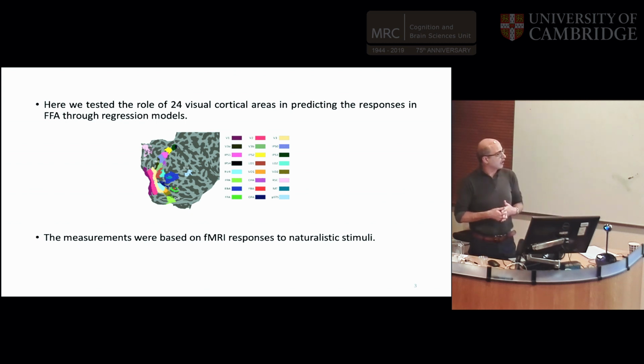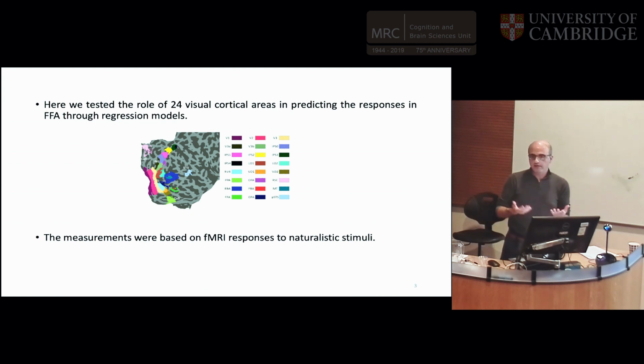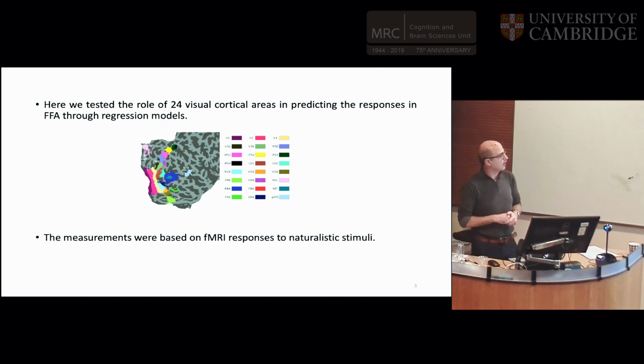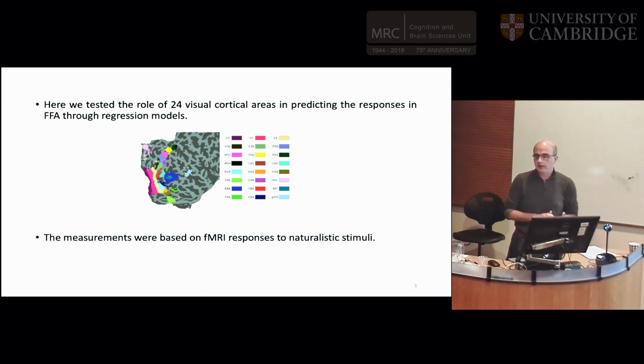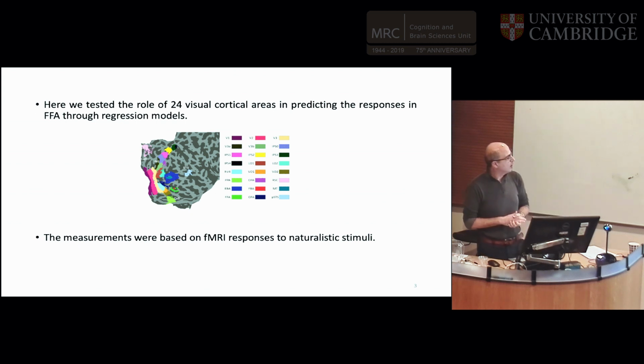Then we identified some of the well-known retinotopic areas in each subject, including areas V1, V2, V3, some areas along the intraparietal sulcus like IPS0 to IPS4, and some mid-level areas in ventral occipitotemporal cortex like hV4, VO1, VO2. So in total, we had about 16 retinotopic areas.